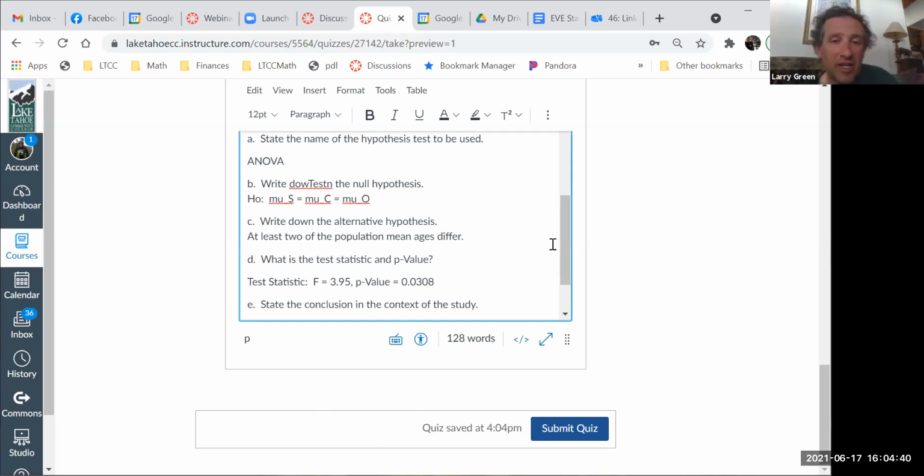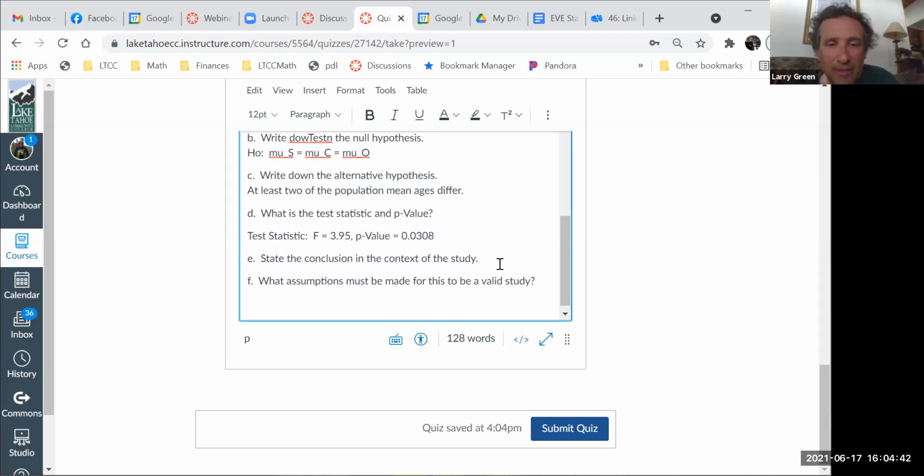Any questions on finding the test statistic and the p-value?